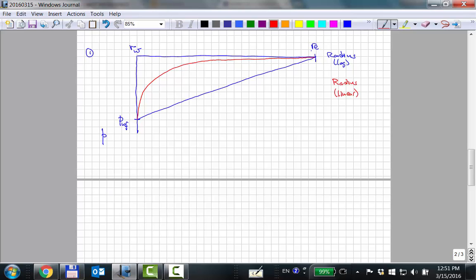Probably even more extreme than what I've drawn here, because as a rule of thumb, 90% of the pressure drop occurs in about the first 10 meters. So I've got to make this even a little bit more extreme to get that.